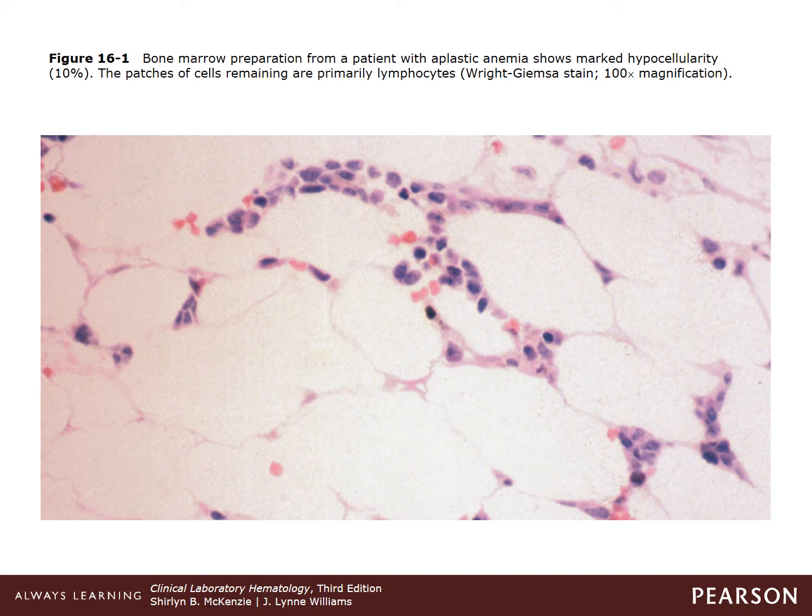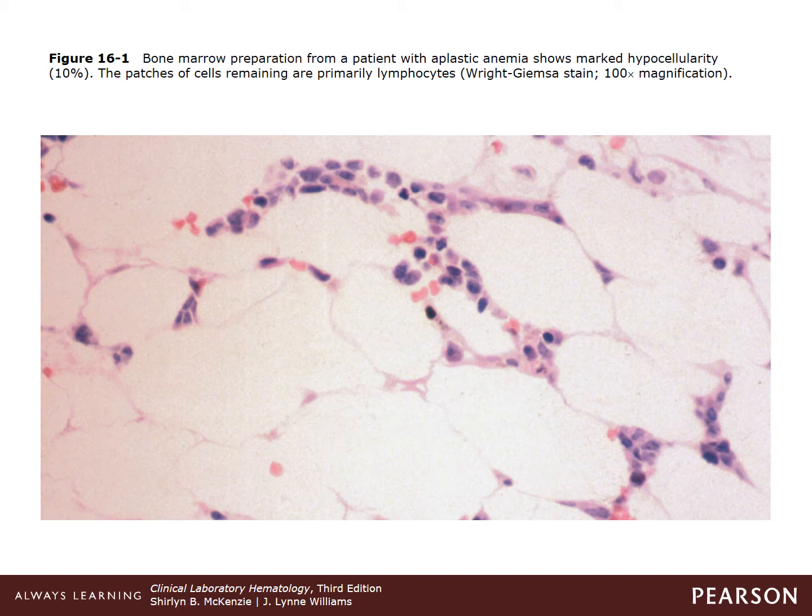And here is a bone marrow preparation from a patient with aplastic anemia showing marked hypocellularity. Now from the CBC, you have to do a bone marrow. A bone marrow aspiration and biopsy is necessary for diagnosis of aplastic anemia. Here you're usually seeing it hypocellular with greater than 70% fat.